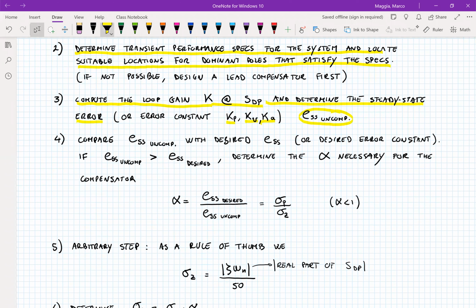Now you compare your uncompensated steady state error with the desired one, the desired meaning the one that is required. And if your steady state error is greater than the desired one, then you can determine alpha necessary for the compensator.